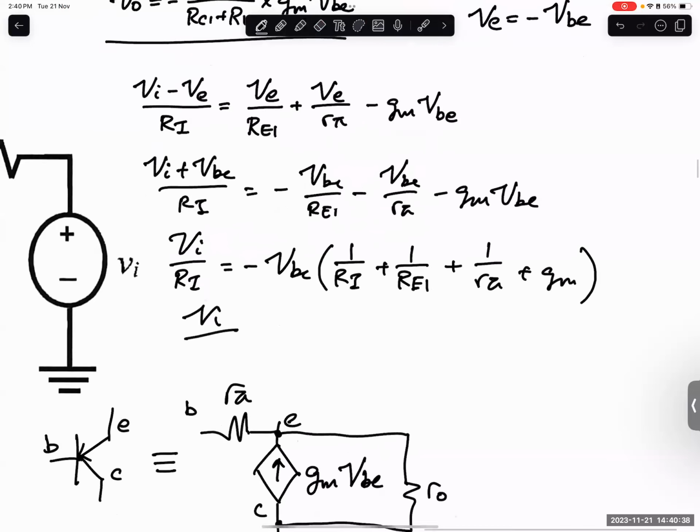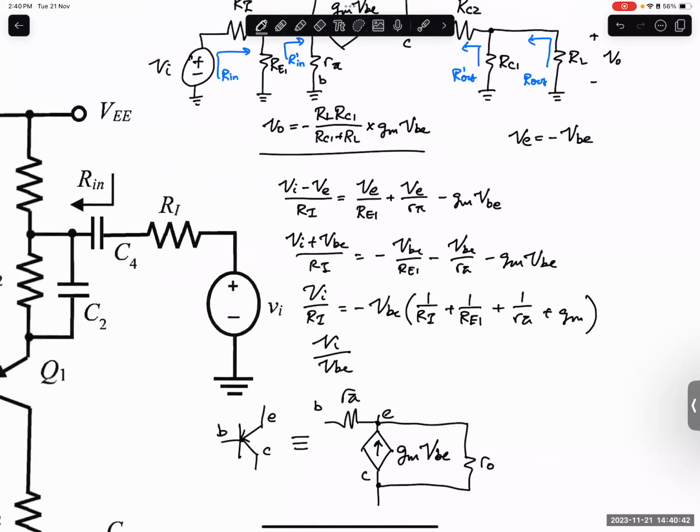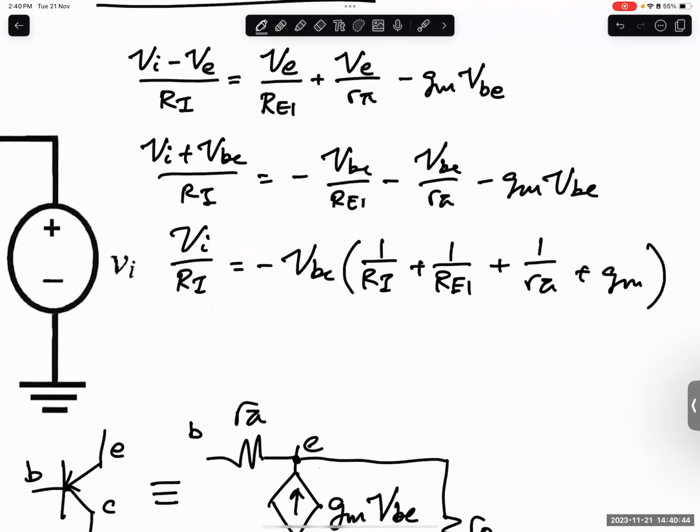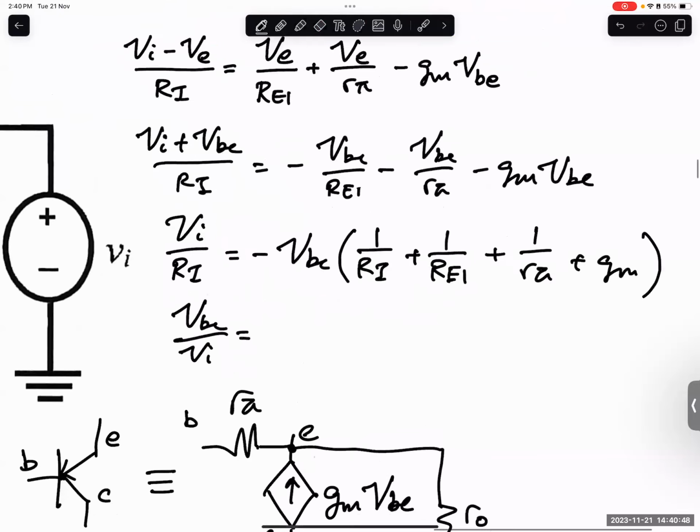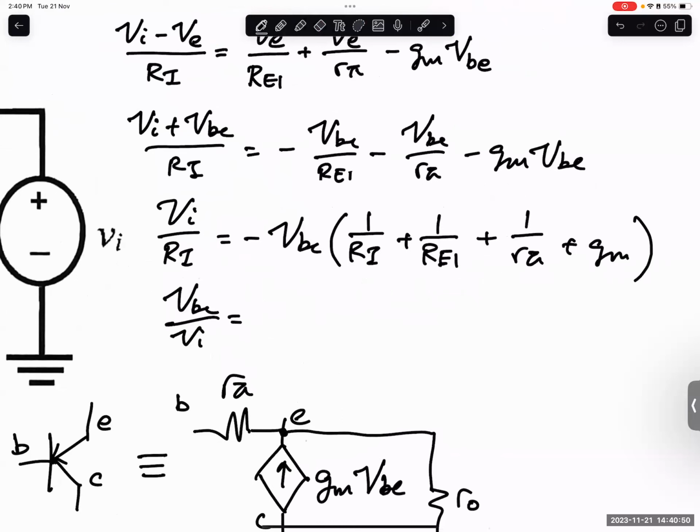So I just do VBE over VI. Hopefully it doesn't seem like two big skipping steps.